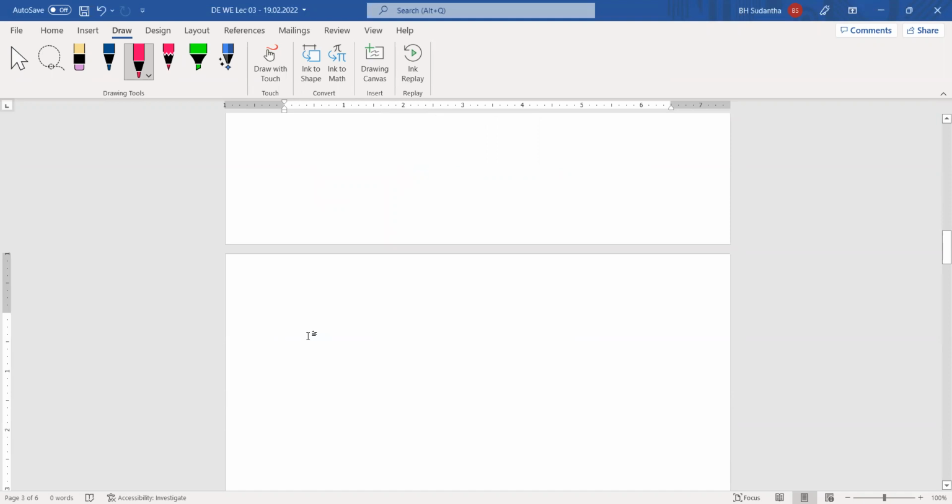We are going to learn some theorems and laws and some other important relationships. The first one we are going to learn is the commutative law.